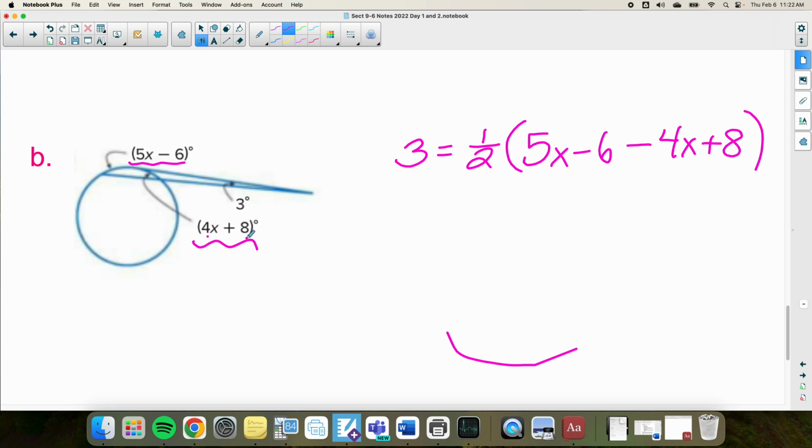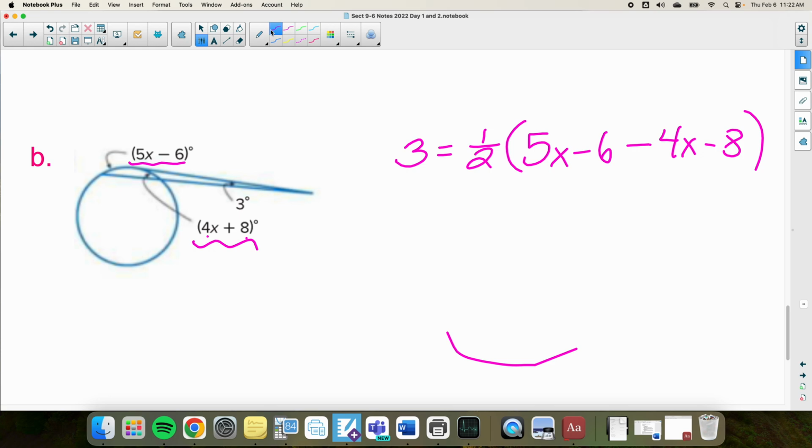So it would be minus 4x minus 8. Do you get that? You have to change the sign on both the 4x and the 8. And that minus sign is what most kids would get wrong.